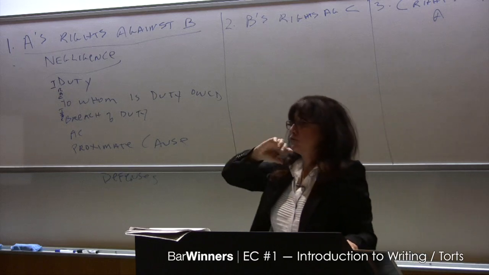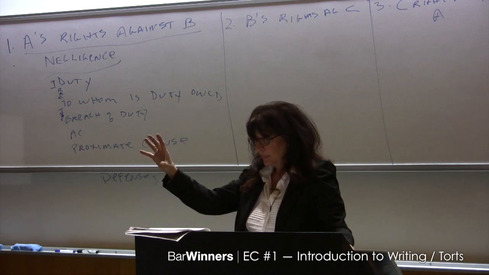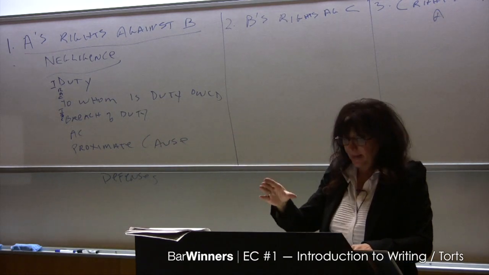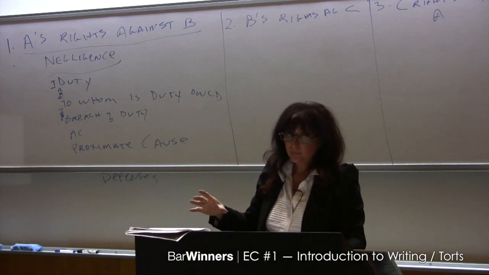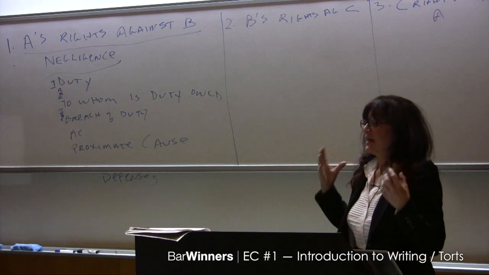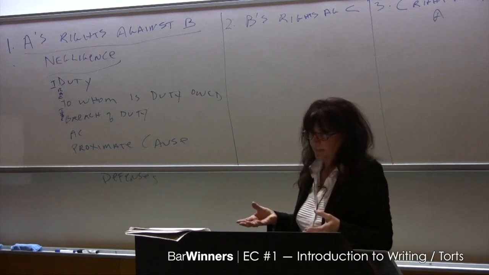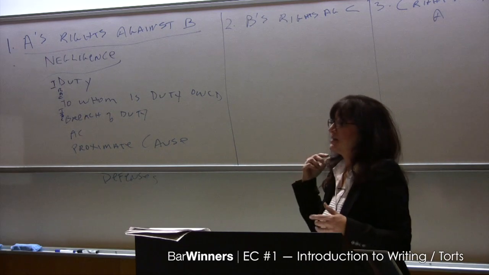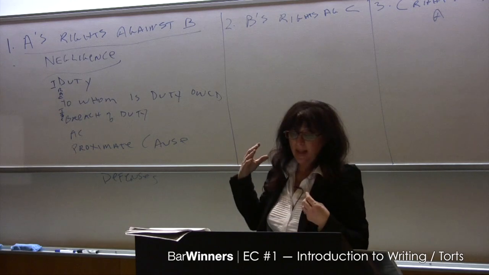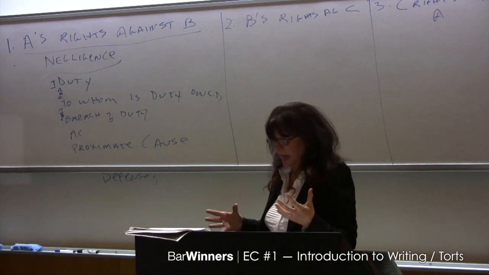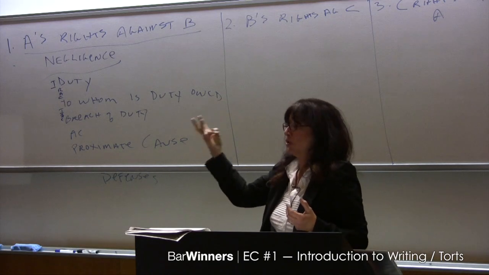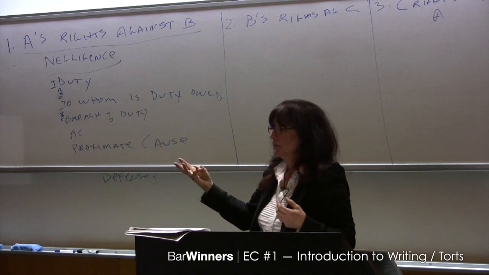The first head note, strict products liability. You're going to head note proper plaintiff. You're going to head note proper defendant. You're going to head note is the product defective. And there has to be a defect in either design or manufacture. If there is a defect in design, there are 3 more sub-issues you have to head note.